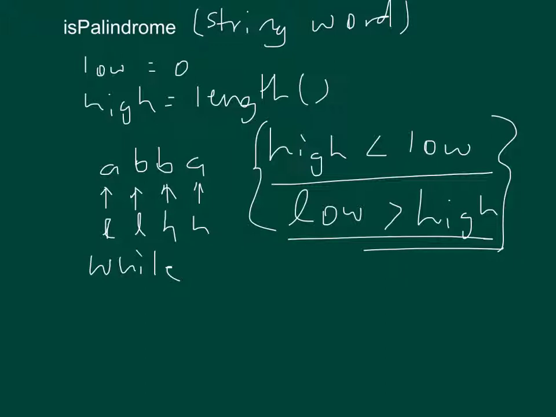But within the loop, you need to think how you're going to increment the low counter and how you're going to decrement the high counter. So have a think about it. Use this approach and see if you can write that isPalindrome method.